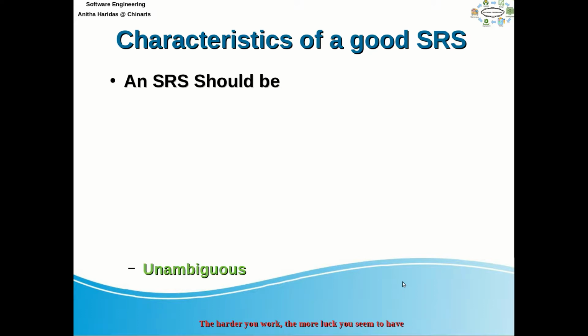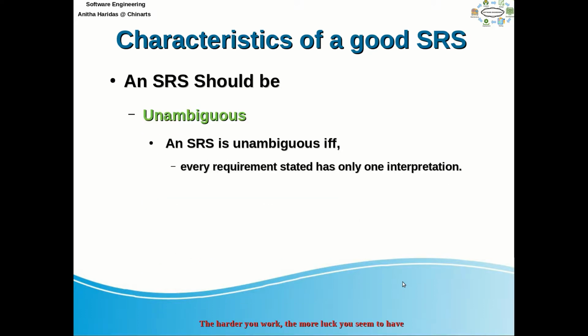The same way, an SRS can be called unambiguous if and only if every requirement stated has only one interpretation. So whatever specification you have given for the requirement can be interpreted in a unique way. That is going to give you only one interpretation and not multiple interpretations.